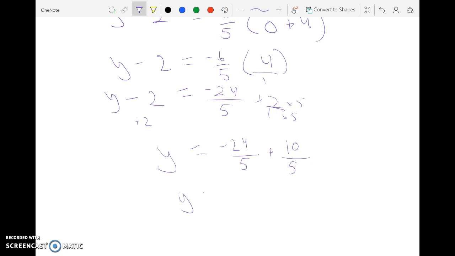I add them together, y is equal to negative 24 plus 10 is negative 14/5. And that is my y-intercept. I get 0, negative 14/5. And there's my y-intercept.